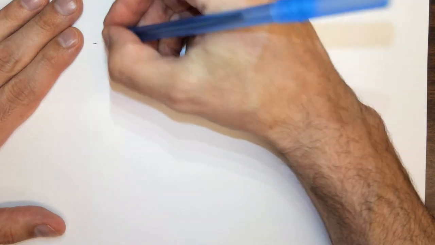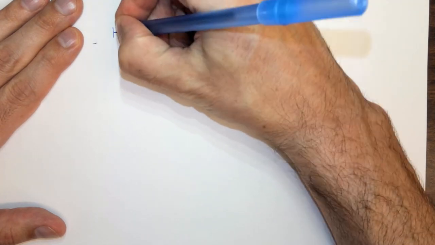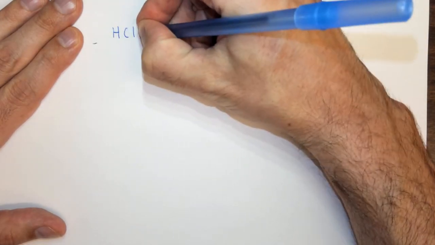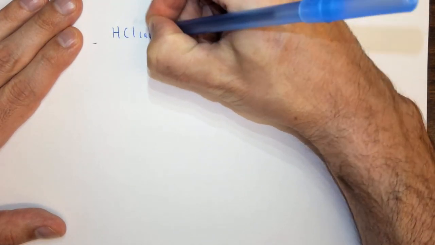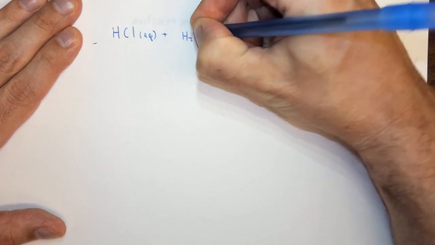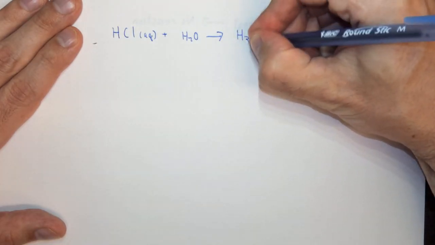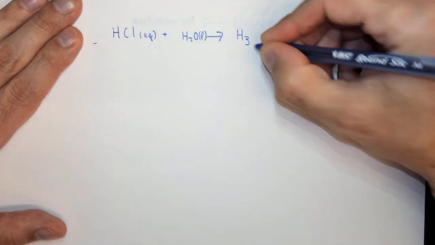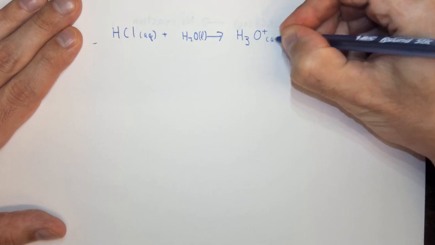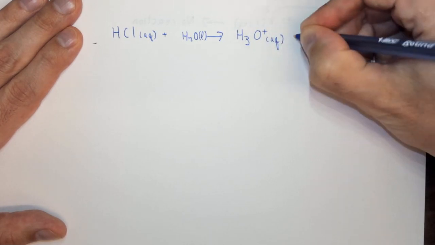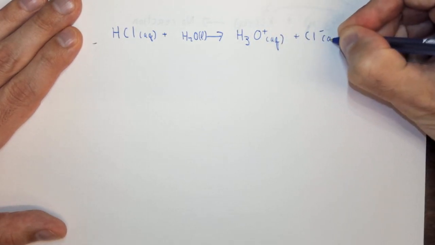There's one other thing that I want to show you about strong acids. When you learn about acids later, and usually in general chemistry too, you may see them interacting with water. So if we take HCl, aqueous, and we react it with water, water will actually act as a base and accept a proton, and you'll end up, this is a liquid, with H3O plus, aqueous, plus Cl minus, aqueous.